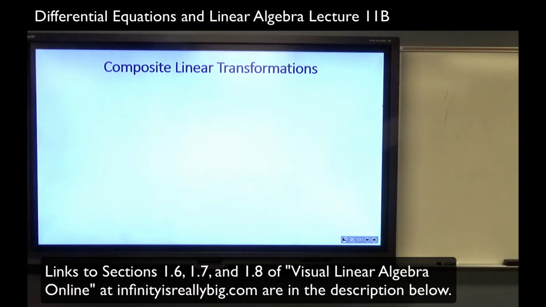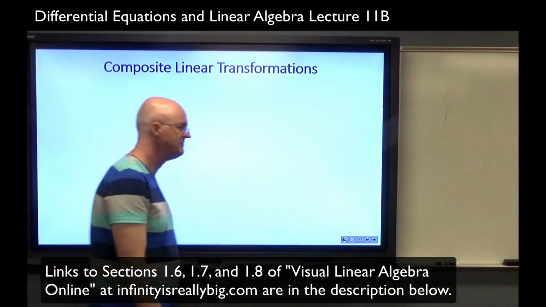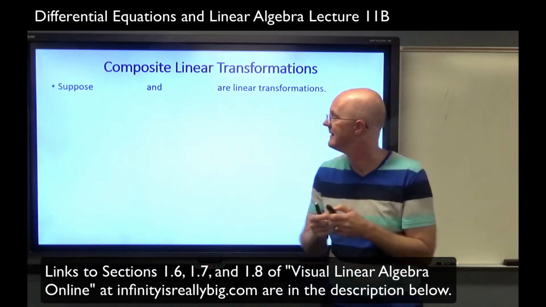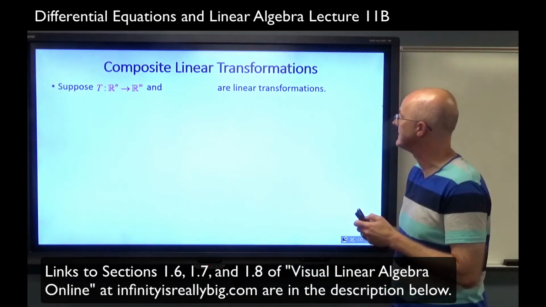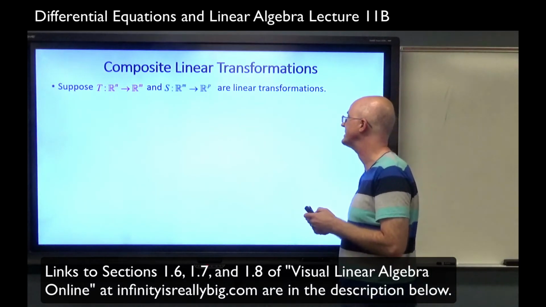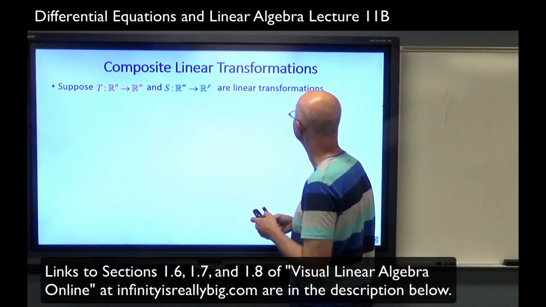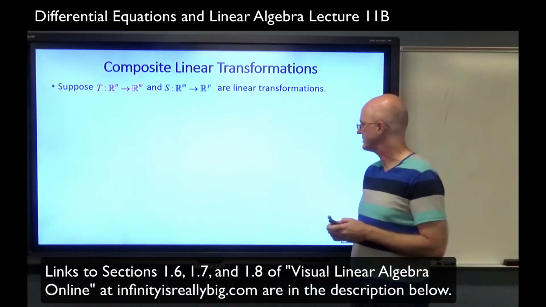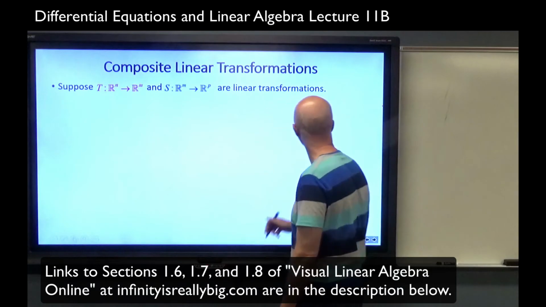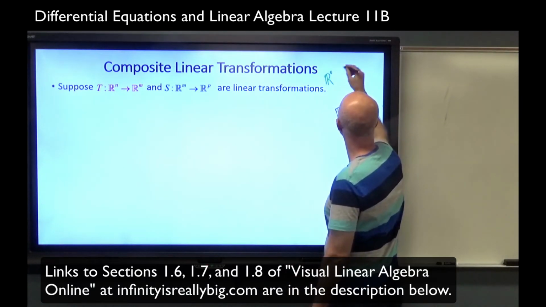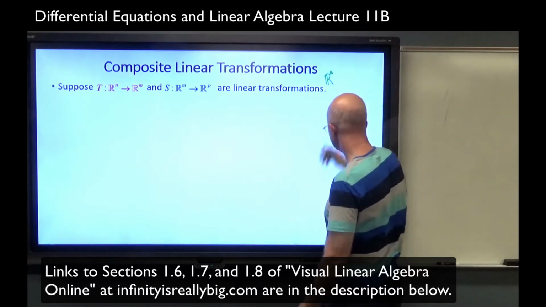The second main topic of this lecture is composite linear transformations. Composing functions. Suppose T is a linear transformation from Rn to Rm, and S is a linear transformation from Rm to Rp. Can I combine these linear transformations? Yes. Oops, this is an n here.